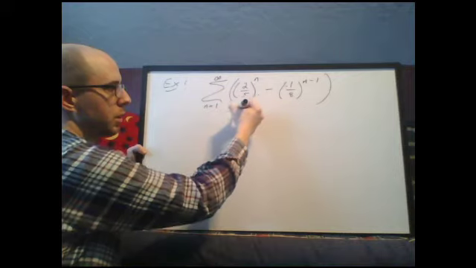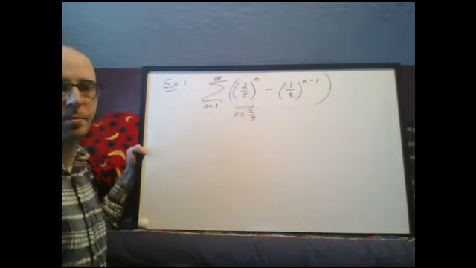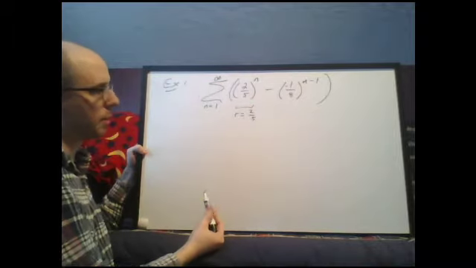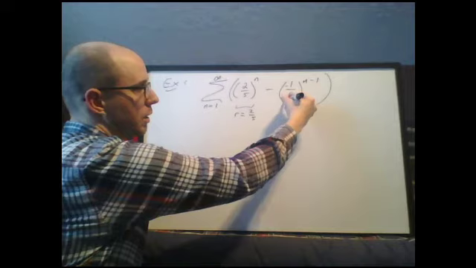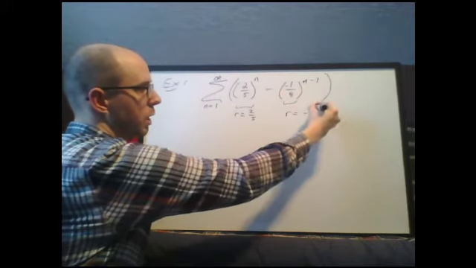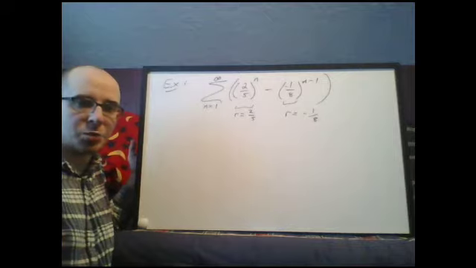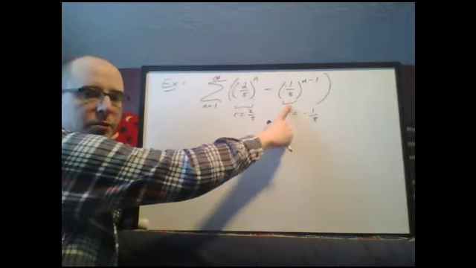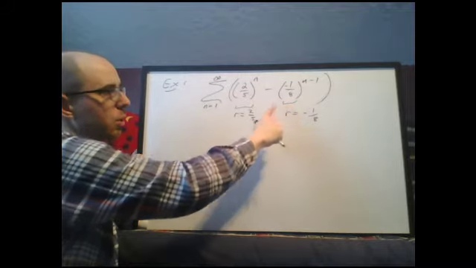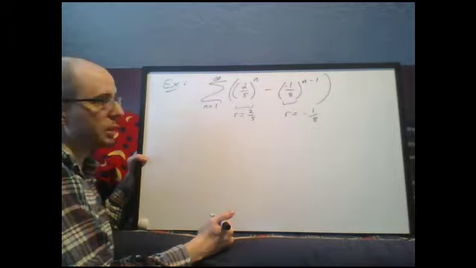For this one, r is 2/5, so that would be a convergent series if that was all we had. This one, r equals negative 1/8. The absolute value is 1/8, which is less than 1, so by itself this would have been a convergent series. If I had these individually, they would both have a finite answer.